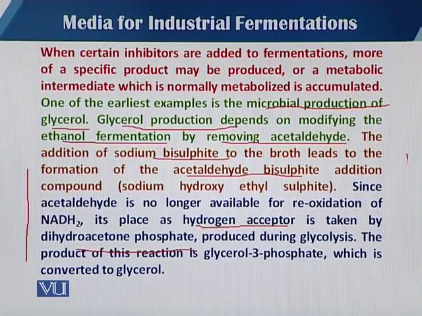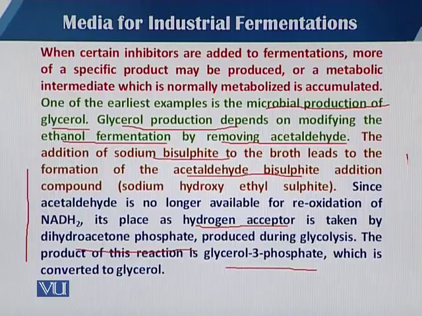The product of this reaction is glycerol 3-phosphate, which is ultimately converted into glycerol. So just by the addition of sodium bisulfite, which inhibits the availability of acetaldehyde that leads to the formation of ethyl alcohol, we get our desired product. If we remove or inhibit that compound, it can lead to the production of our desired product.